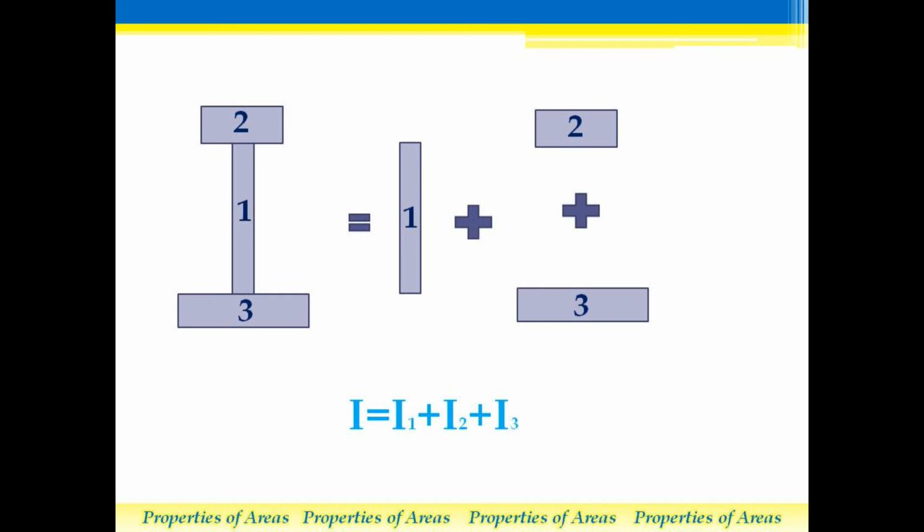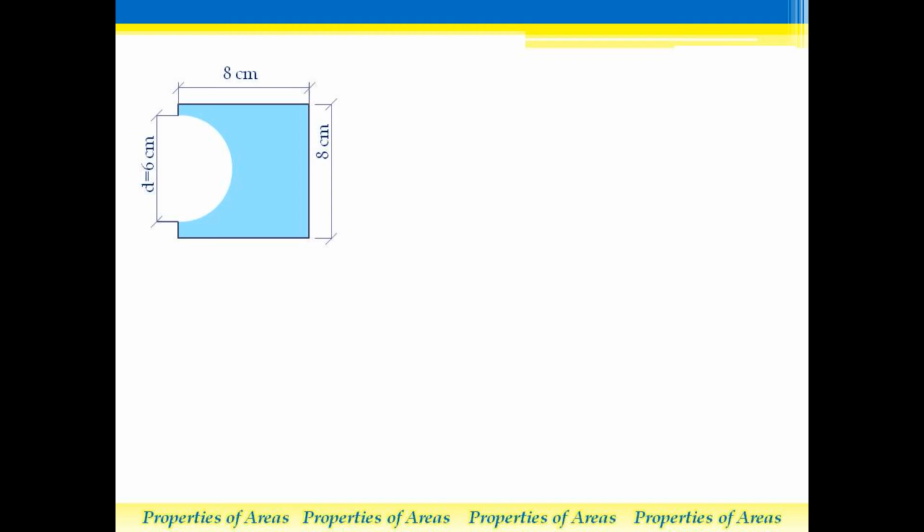The moment of inertia for the entire shape is the moment of inertia of the first rectangle plus the moment of inertia of the second rectangle plus the moment of inertia of the third rectangle. Let's find the centroid of a beam with a hollow space.